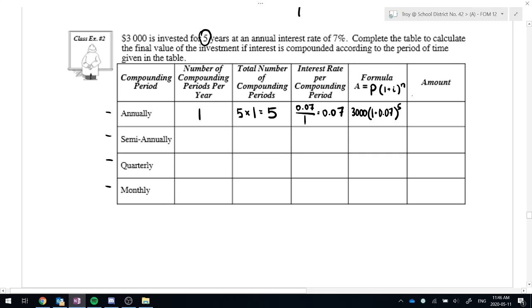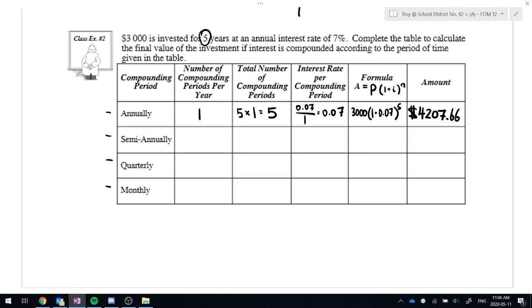I should go and grab my calculator here. If we do that, 1 plus 0.07 raised to the power of 5 times 3,000 gives us a value of $4,207 and about 66 cents for that one.